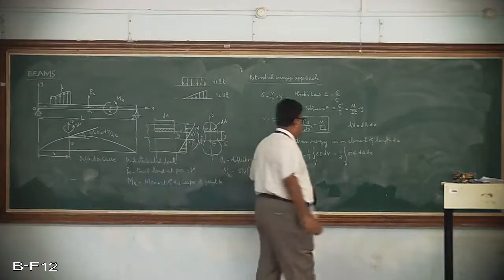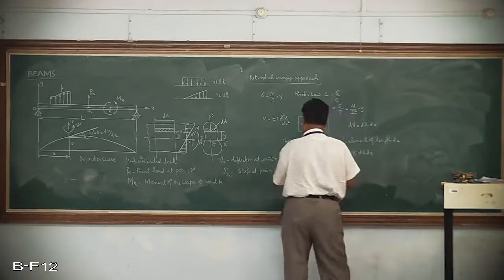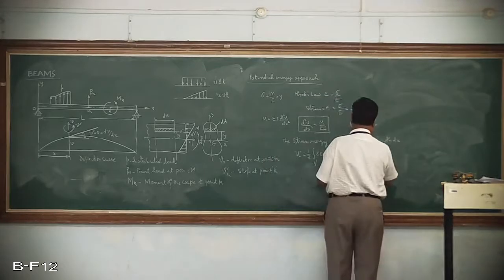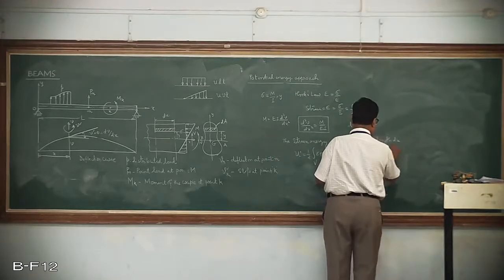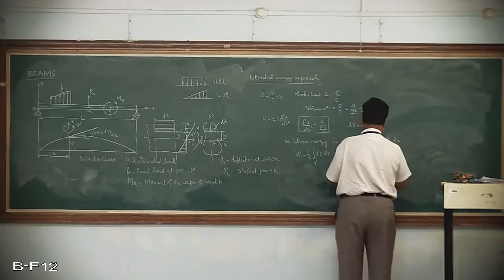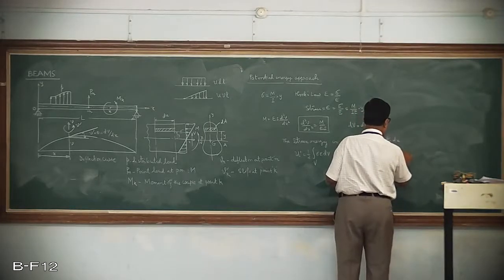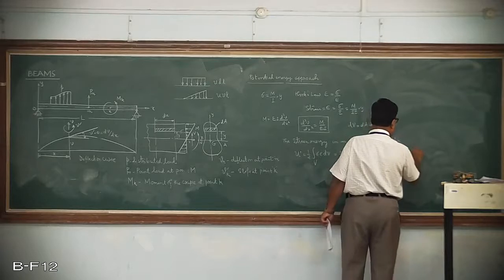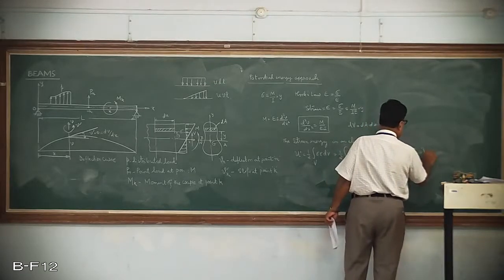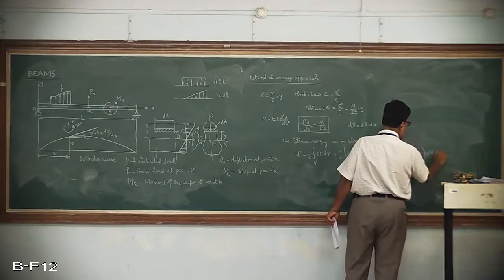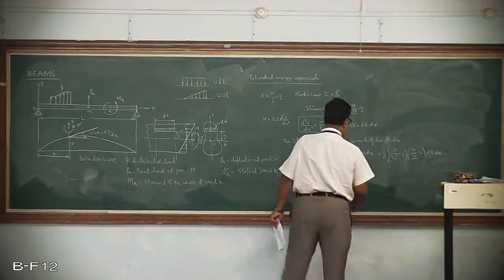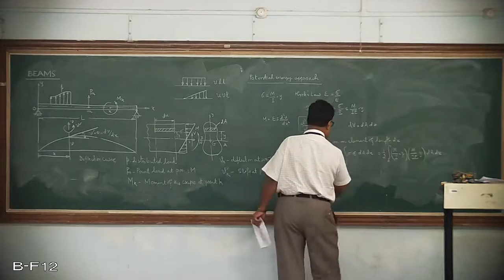Now let us substitute this. What will we substitute? Half integral of sigma, which is M by I into y, and epsilon, which is M by IE into y, into dA into dx. I will rearrange this. What will I get?